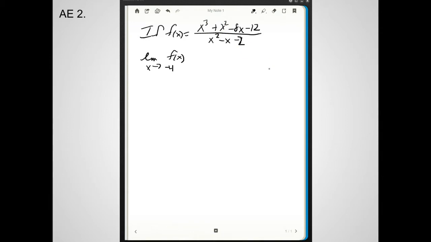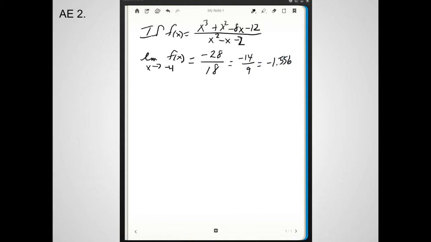And just to save you the trouble, what we get is, in the numerator, the value negative 28, and in the denominator 18, which is more simply negative 14/9, and as a decimal is negative 1.556.